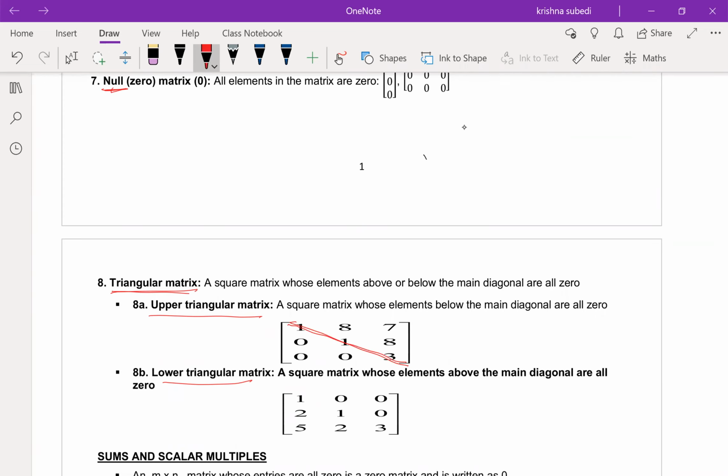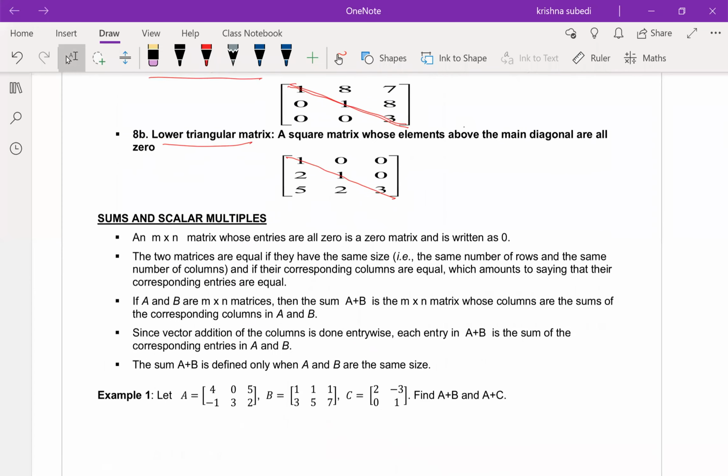We call it an upper triangular matrix. If everything above the diagonal is 0, then we call it lower triangular. In the lower part, it could be 0 or a non-zero number, it could be anything, but the upper part is all 0. In that case, we call it a lower triangular matrix.